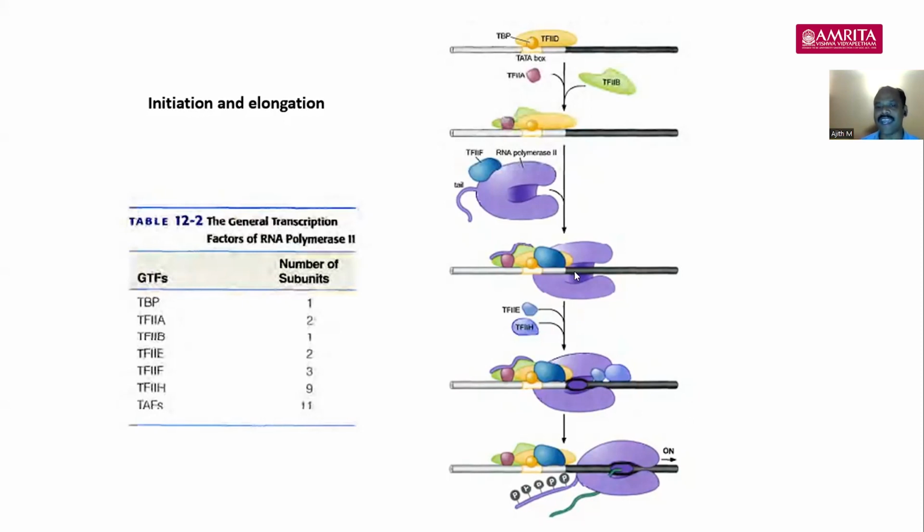So you can see the DNA is closed here. It is a closed complex. But when TF2H along with TF2E goes and binds to it, the structure of the polymerase changes. The DNA opens up, open complex. Once open complex is done, the polymerase starts moving. Elongation phase.